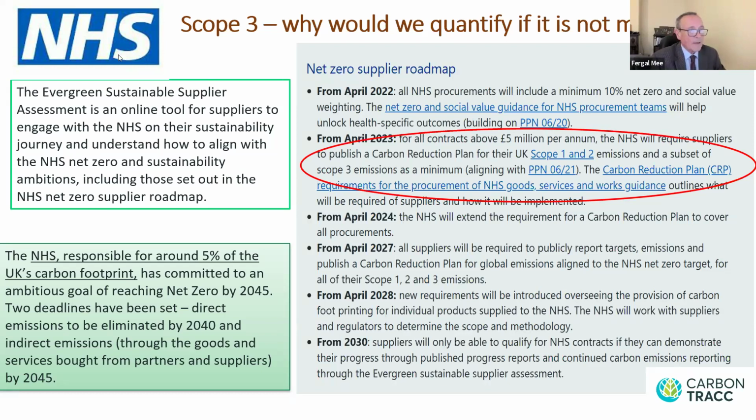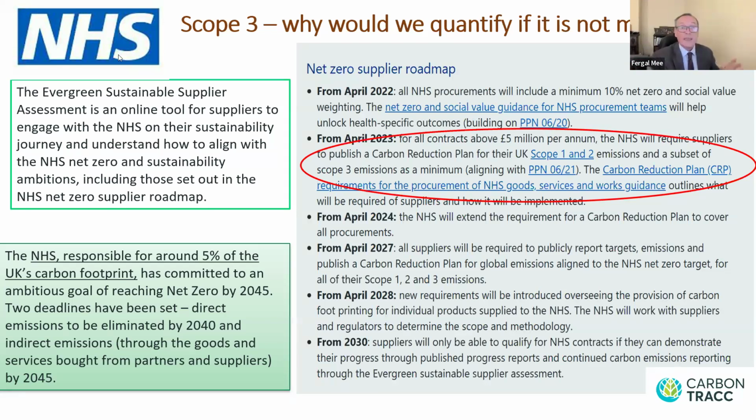And the UK government has produced PPN 0621, which means Public Procurement Notice 0621, guidelines for companies bidding for state contracts on how to develop their greenhouse gas inventory and their carbon reduction plan, which is excellent. I urge you all to download a copy of PPN 0621, freely available.